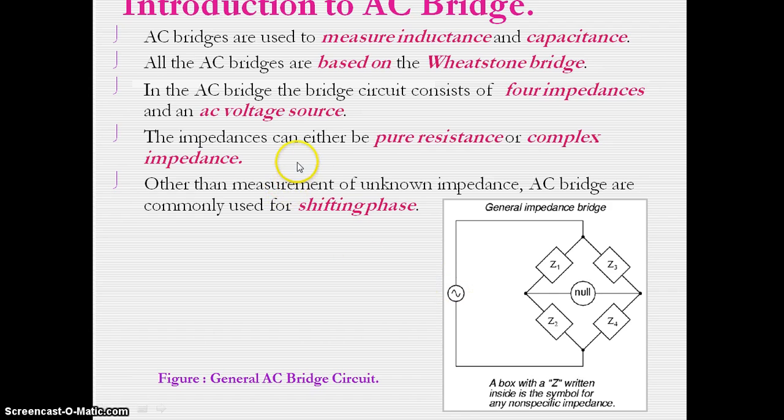The impedance can be either pure resistance or complex impedance. Other than measurement of unknown impedance, AC bridges are commonly used for shifting phase. This is the general AC bridge circuit. Then at the null position, a box with a Z written inside is the symbol called impedance.